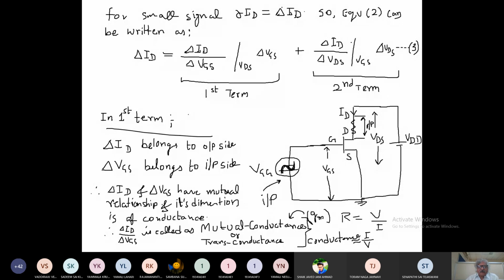And the dimension is also the same, that is conductance.